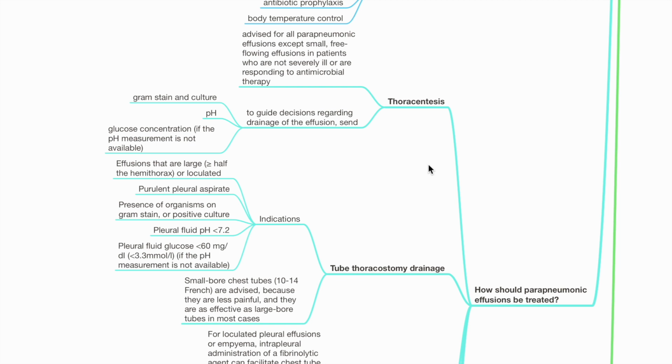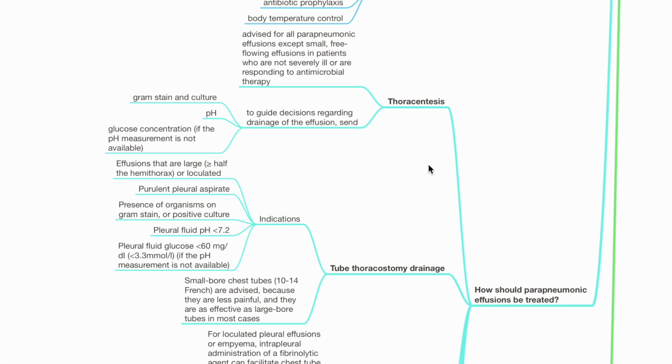Indications for tube thoracostomy drainage include effusions that are large or loculated. Large effusions occupy more than half of the hemithorax. Other indications are purulent pleural aspirate, presence of organisms on gram stain or positive culture, pleural fluid pH of less than 7.2, and pleural fluid glucose of less than 3.3 millimoles per liter.